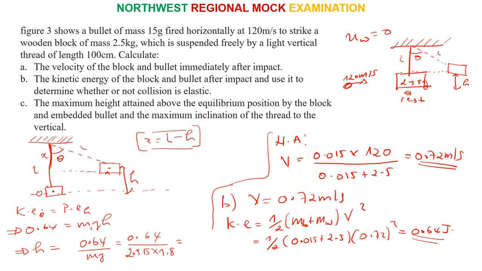So we have 0.0259 meters, and in centimeters, multiplied by 100, we are going to have about 2.6 centimeters.